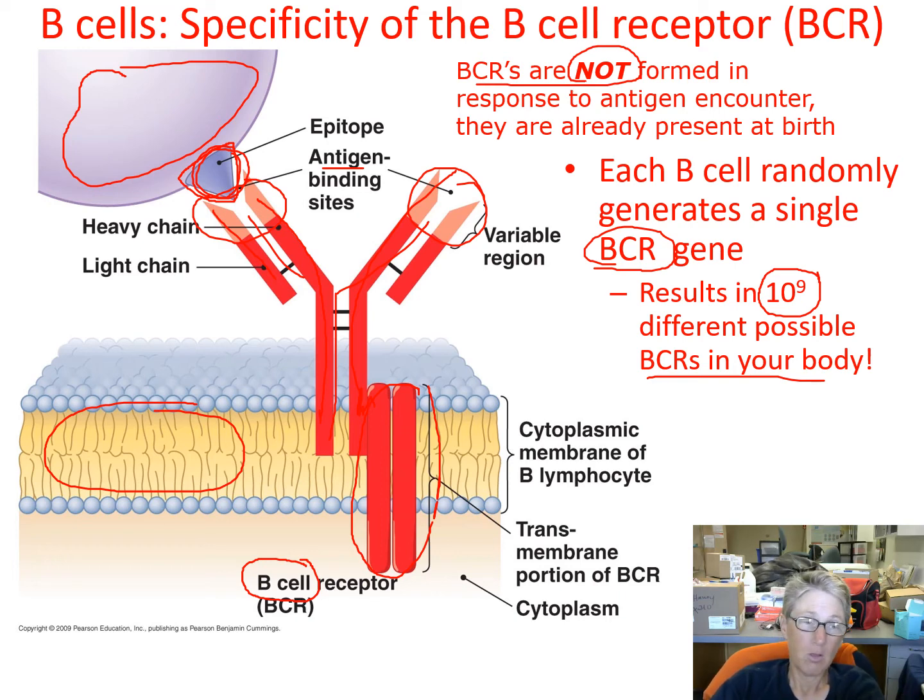So you're already kind of tied down to your own immune system. If your B cells don't have a B cell receptor that can recognize a specific antigen epitope, then that bacteria won't be destroyed. So all of your B cells with all their B cell receptors are already present at birth.